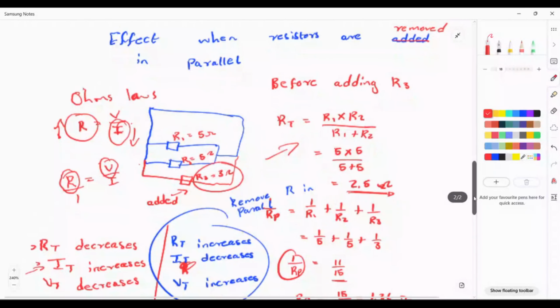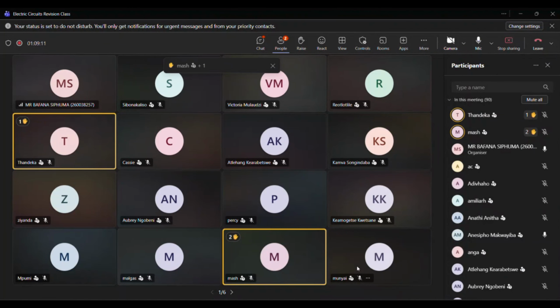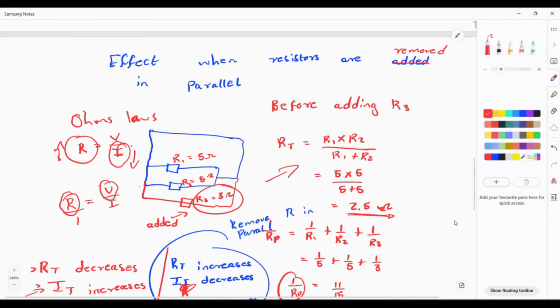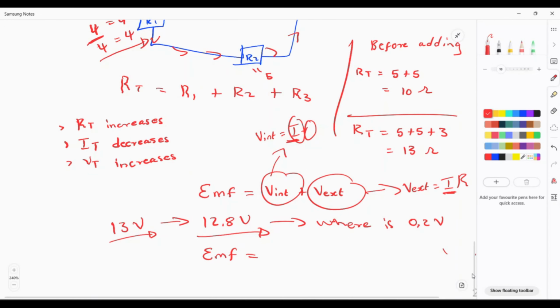Does it mean that current is directly proportional to internal voltage? Exactly. Very much accurate and very much perfect. Right there, you are a true scientist. You have just identified my famous and most beloved statement: total current is directly proportional to the internal voltage. Yes, that's the statement of the year.